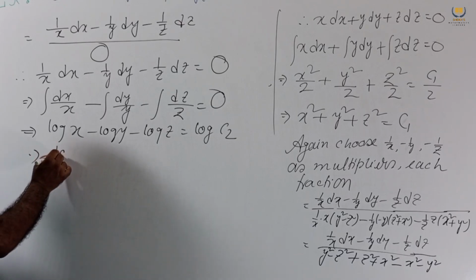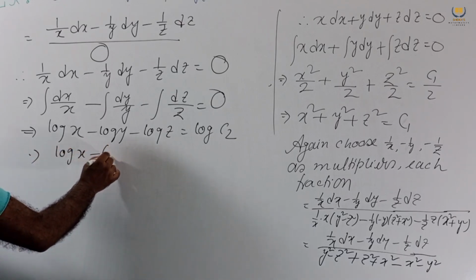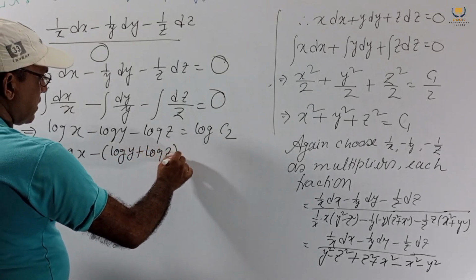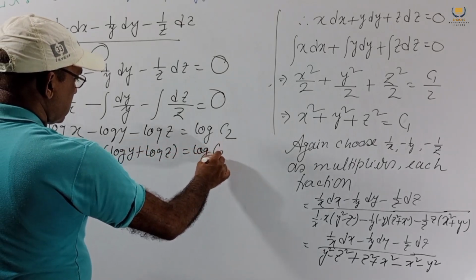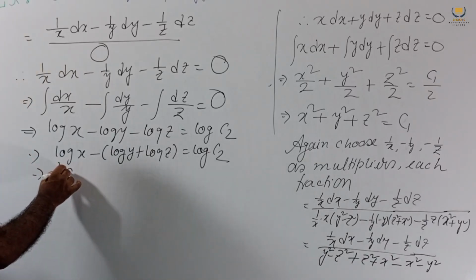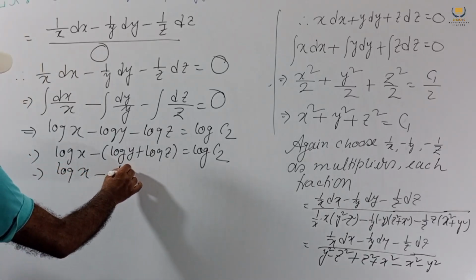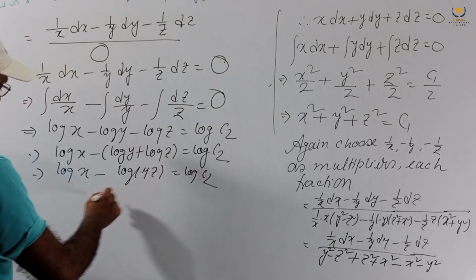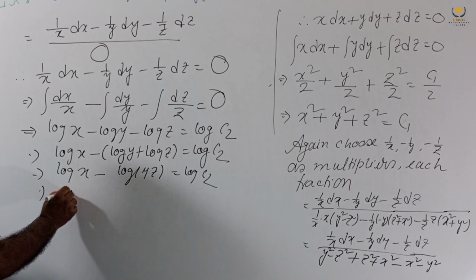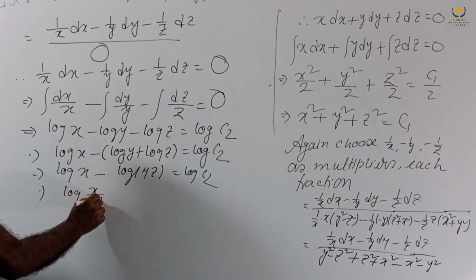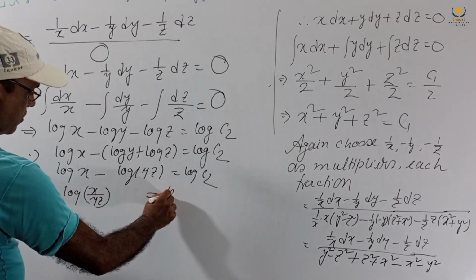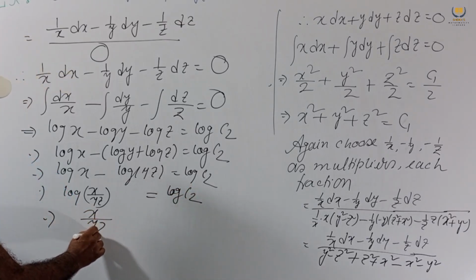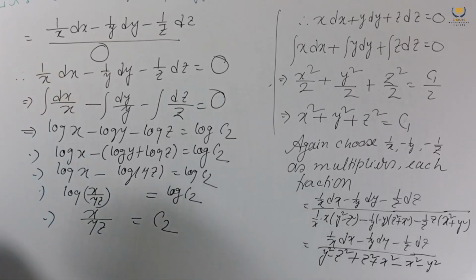Then taking the minus sign common, log x minus log y plus log z equal to log C2. Then if it is plus, we can write the product yz, and if it is minus, we write division, x by yz equal to log C2. This implies x by yz equal to C2 we get.